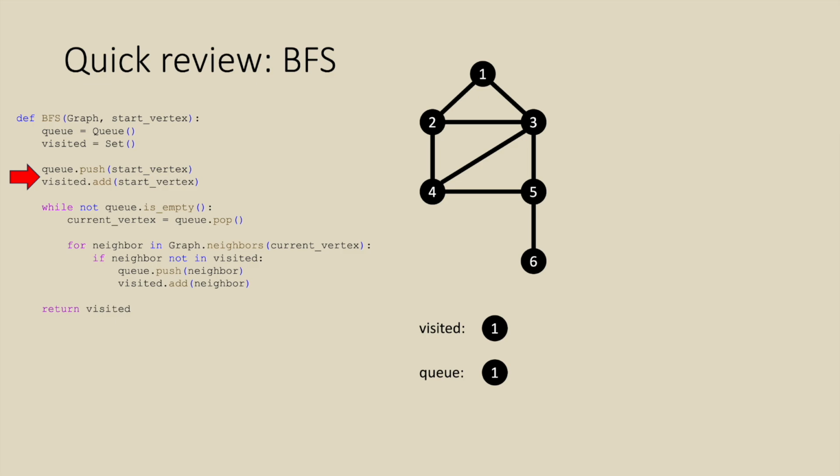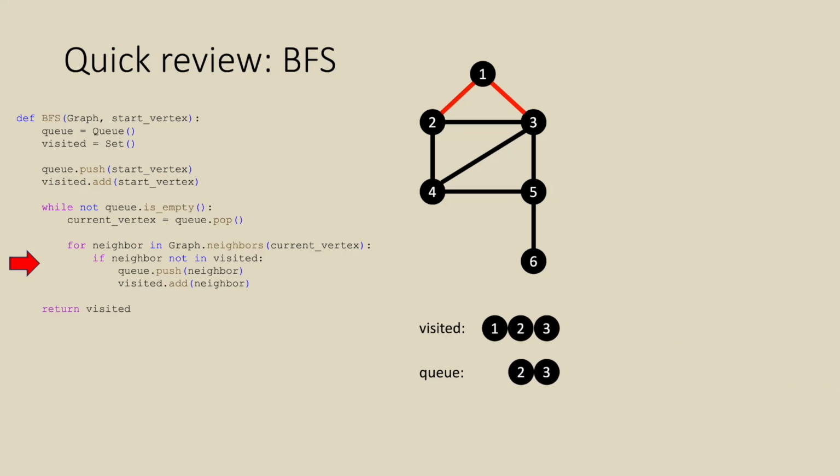Based on the code the arrow points to, we push 1 into the queue and add it to visited. Now the arrow moves down inside the loop. While the queue is not empty, current vertex equals queue.pop. The queue is not empty, so we pop the top of the queue, which is 1.